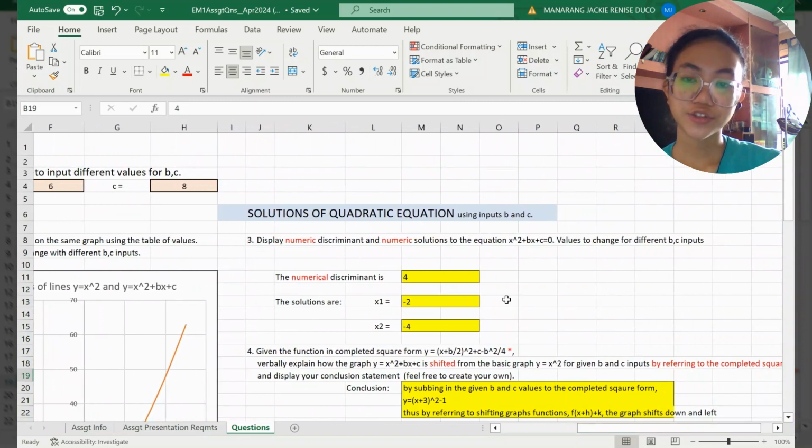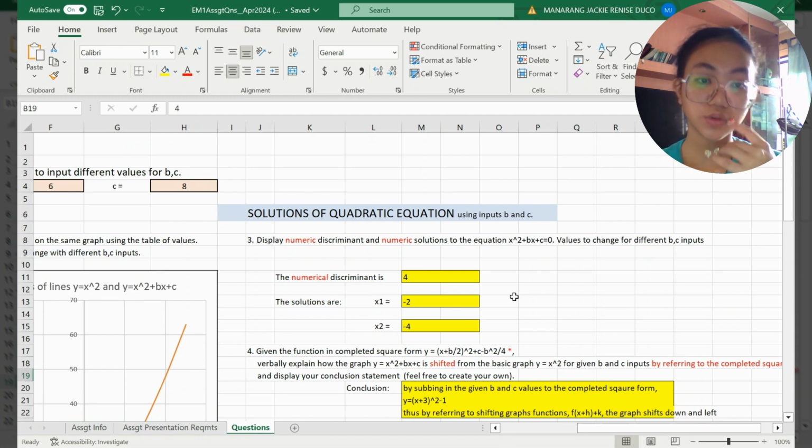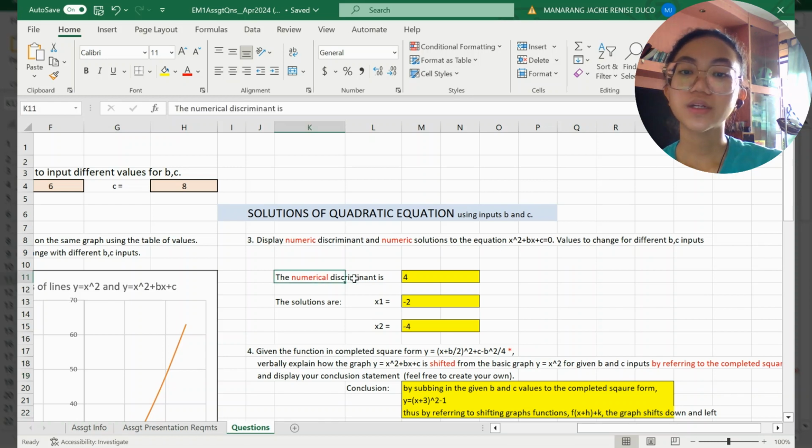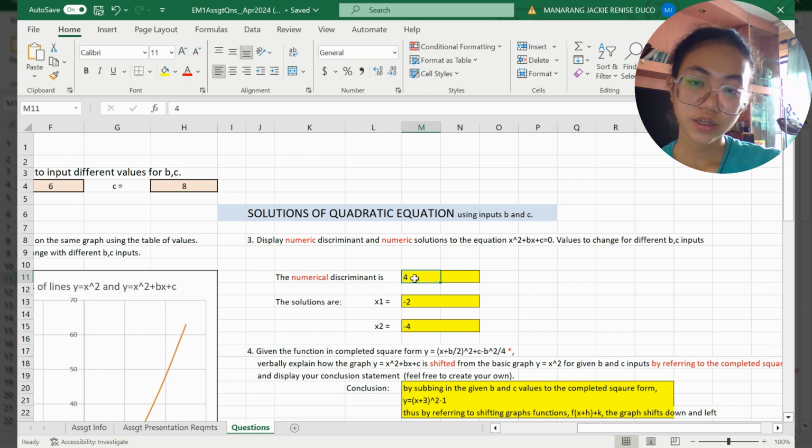For question 3, they want me to find the numeric discriminant and numeric solution to the equation x squared plus bx plus c equals 0. For the numerical discriminant first, which is b squared minus 4ac, I'll just sub in my b and c values and I'll get 4.